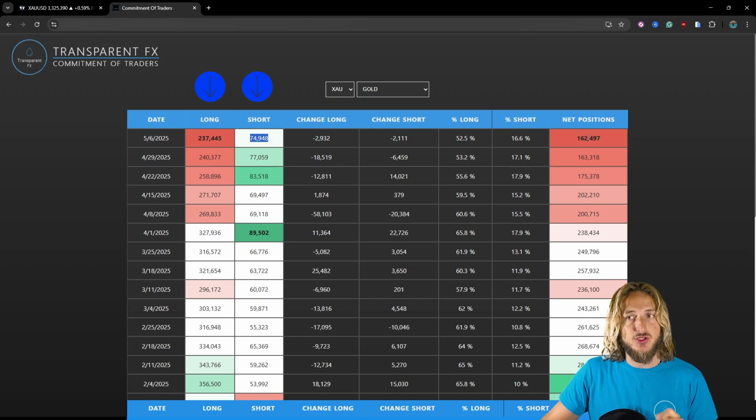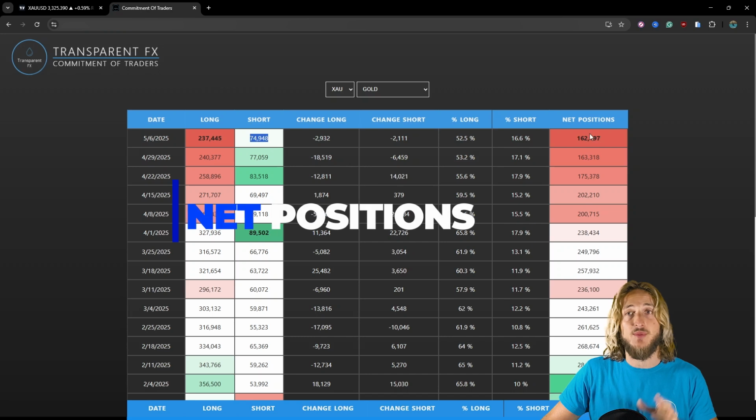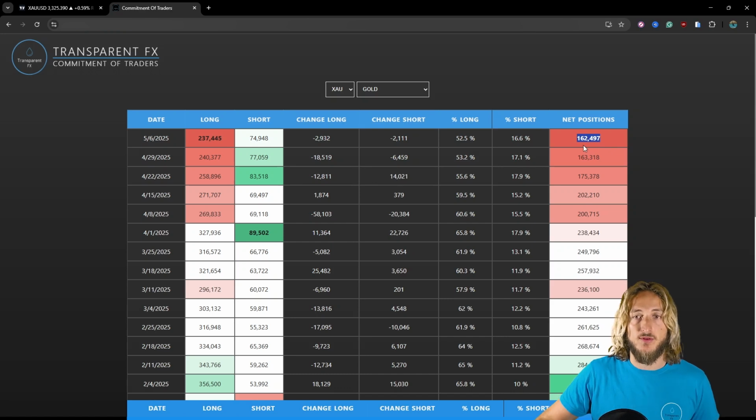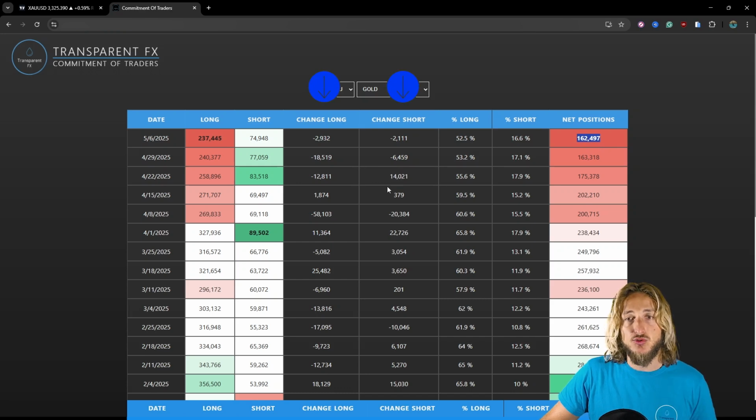However, in the very short term, net positions have decreased. We went from 202K down to 162K net positions. If we look into more detail, institutions were even adding shorts for a couple of reports together with closing their longs.